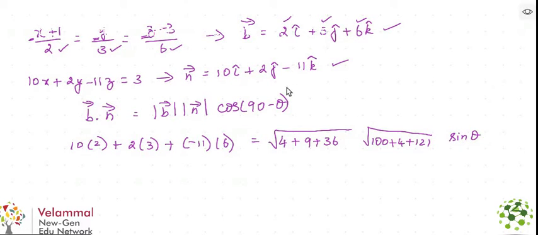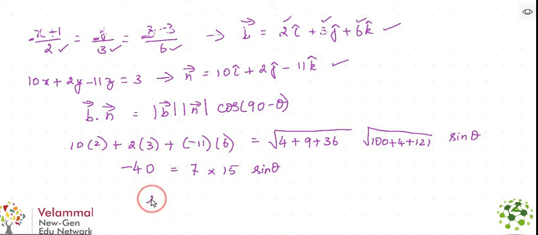Nothing but sin theta. Your left hand side calculation is 20 plus 6 minus 66, which is minus 40, equal to square root of 49, which is 7, times square root of 225, which is 15, into sine theta.